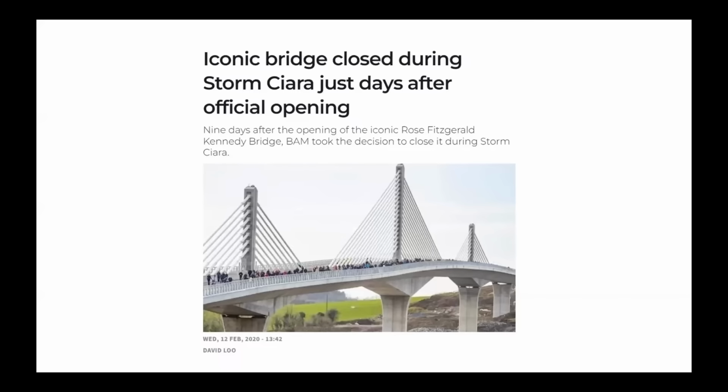And 9 days after it was opened, it was closed again because there was a storm coming and the operators were not sure if it would be safe to keep open. So they closed the bridge. It was opened again a couple of days later, but it's a little bit embarrassing to not have a good understanding of this problem, that we can't have confidence in keeping this infrastructure in use.